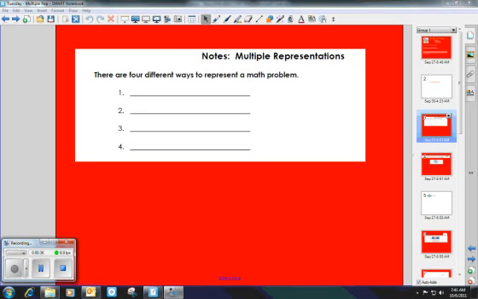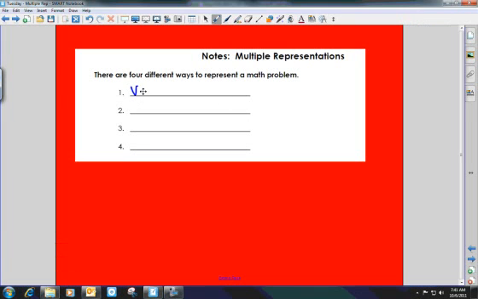Of course, you have your word problems, and we call that a verbal representation. So verbal is a word problem. Okay. We also have tabular, and we've worked with some of that during sequences already, where we made our tables.